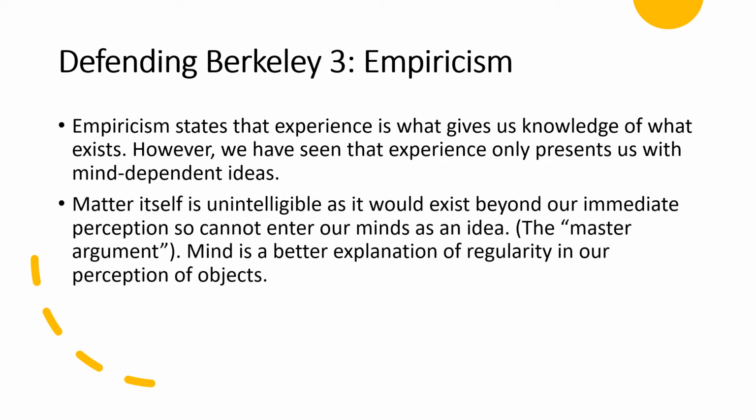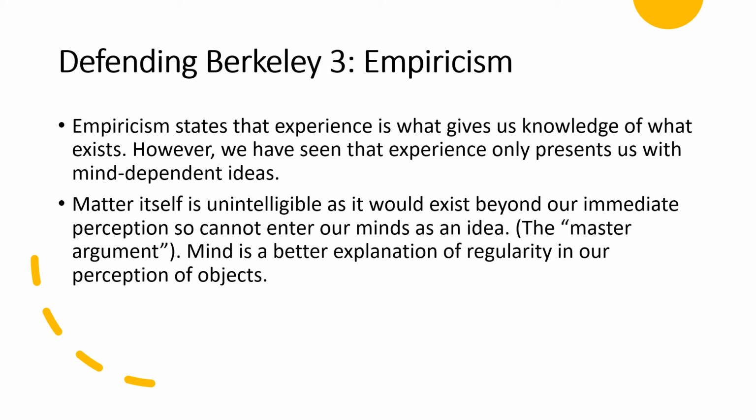The idea of mind-independent matter is something which is literally unintelligible, it's unimaginable or inconceivable, according to Berkeley, because it would exist beyond our immediate perceptions, so it cannot enter our minds as an idea. This was what he was saying, remember, in the master argument, that there's no such possibility of a mind-independent existence, because the only things that we can ever imagine or conceive of are in our minds.